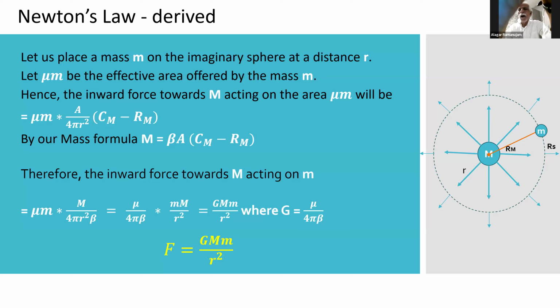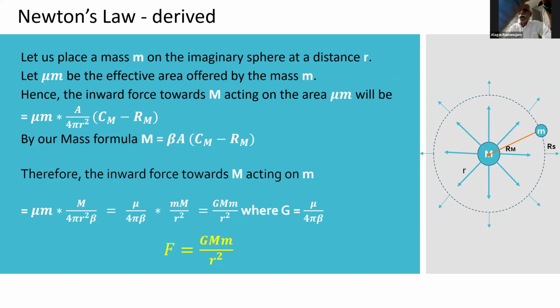Now, at that point at a distance r, we are placing the second ball, of mass small m. That mass we are placing will offer an area for the compressive pressure to act. How much area it will offer, we do not know.